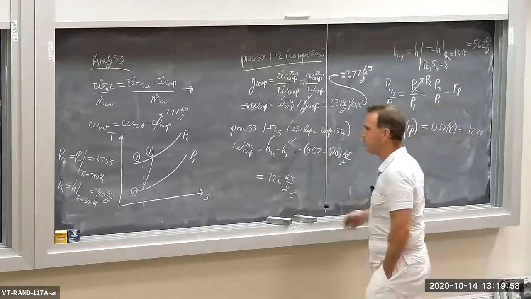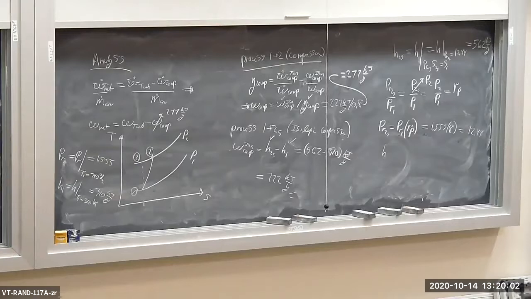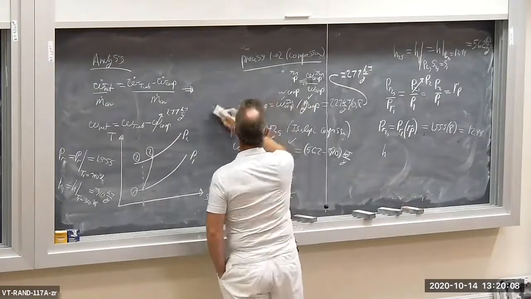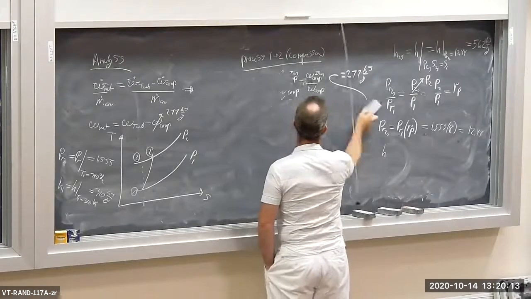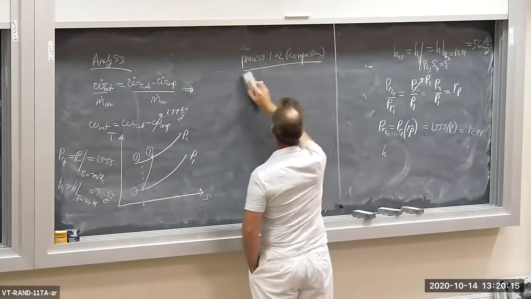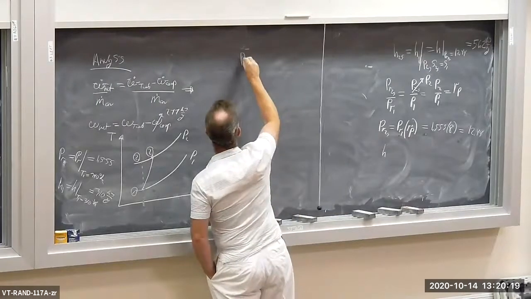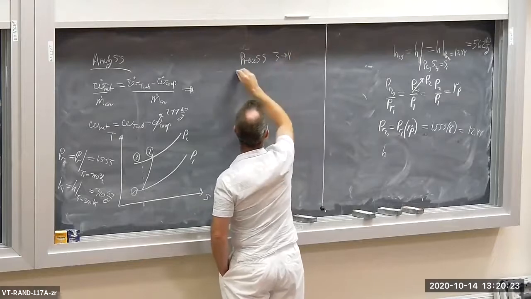Okay. All right. So now we need to find W turbine. We need to find the turbine specific work. So let's look at process 3 to 4.